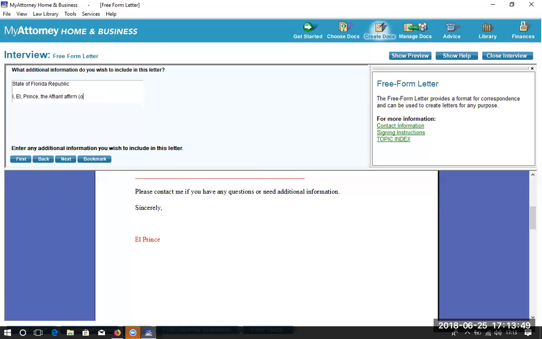Affirm or swear that the contents, that the statements made herein are true and correct under penalty of perjury. And then you have the notary sign, notary public. Hold on, let's go back. Notary public signature.